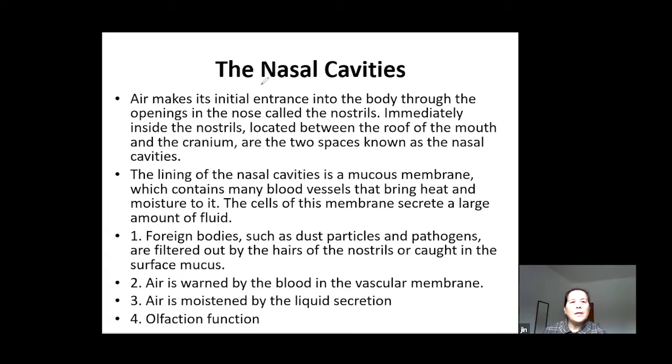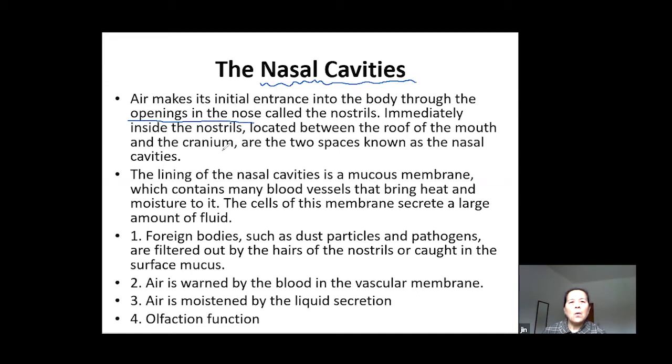We say the respiration system starts from the nose. Inside the nose, we have cavities. So that's the beginning part, the opening part where air goes inside the body.